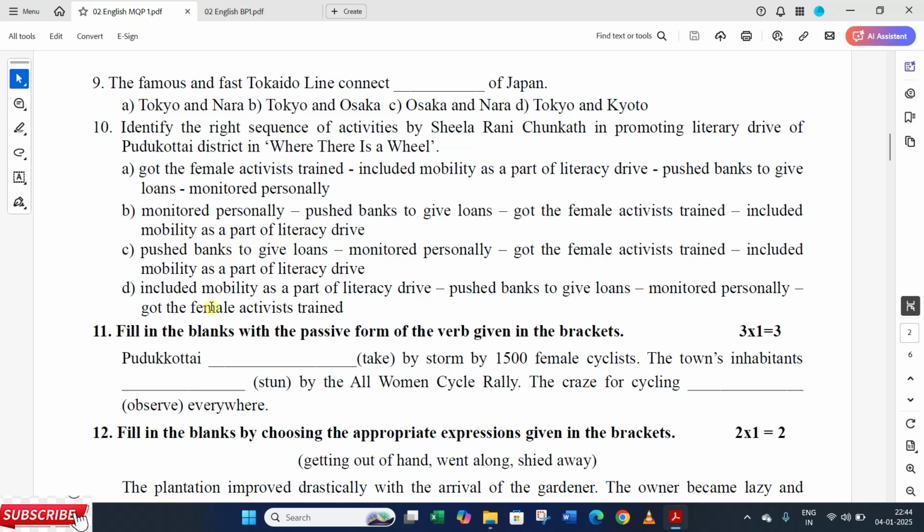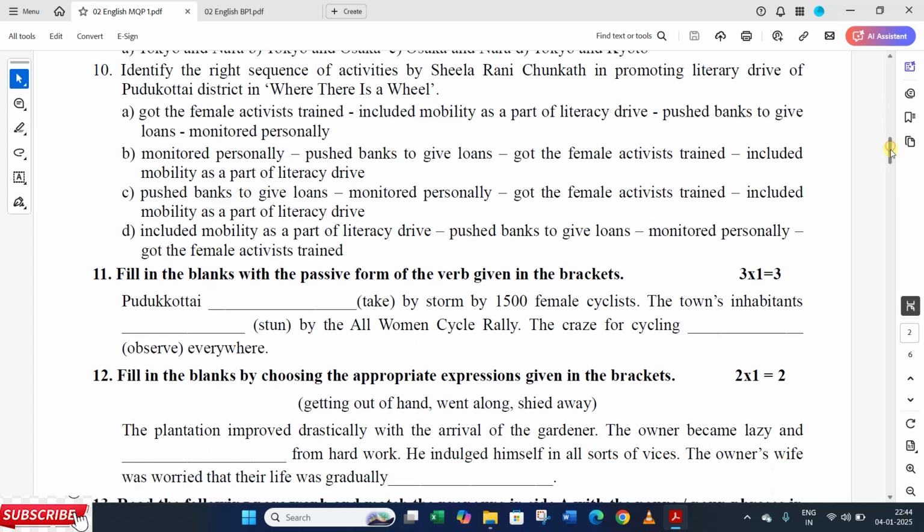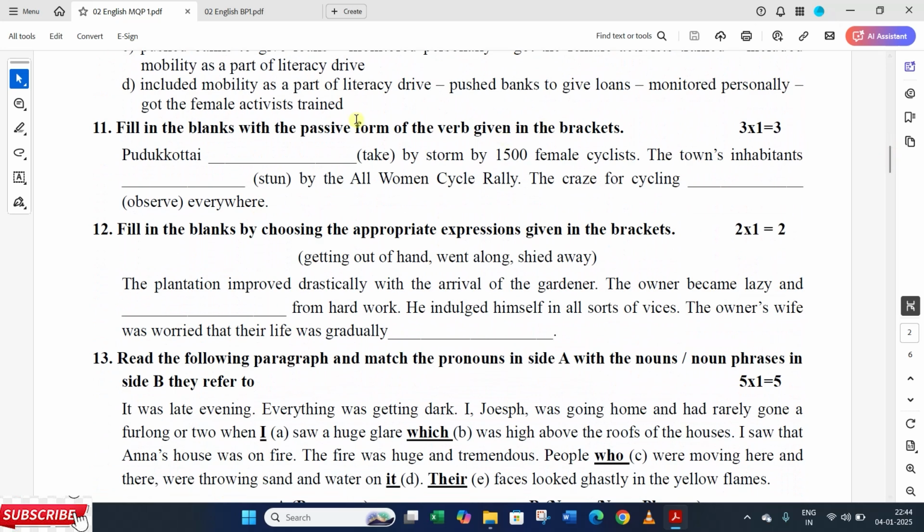So you'll find the next question, question number 11. Fill in the blanks with the passive form of the verb given in the brackets, for 3 marks. So this is based on passive and active voice. Here you will find the question, Pudukkottai dash take, where the verb is given in the bracket, by storm by 1500 female cyclists.